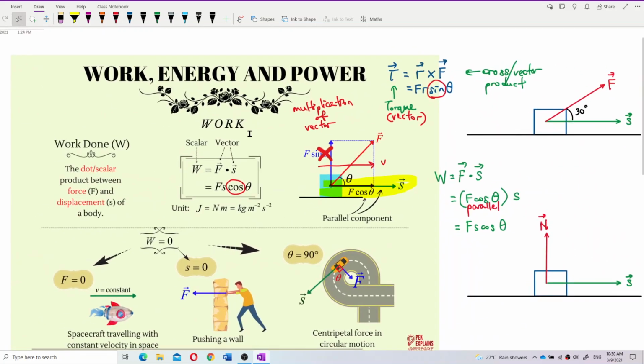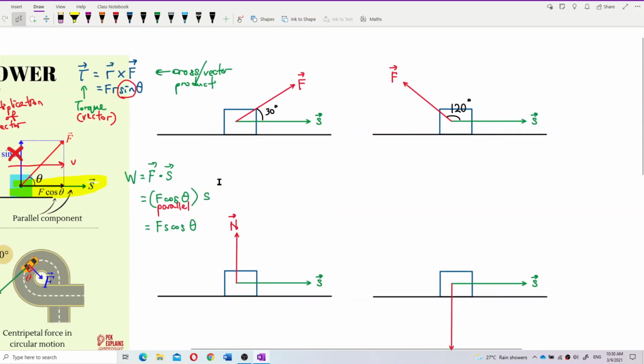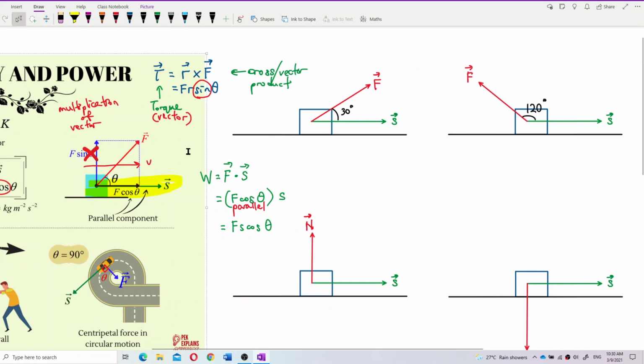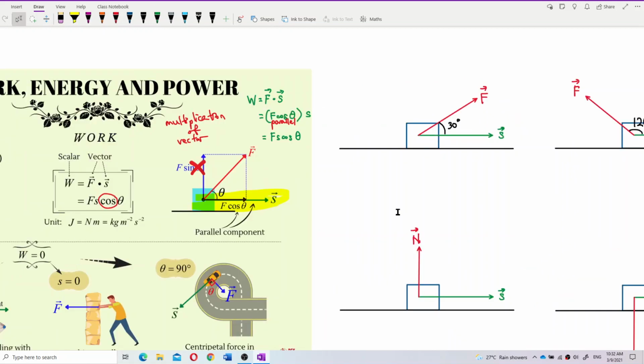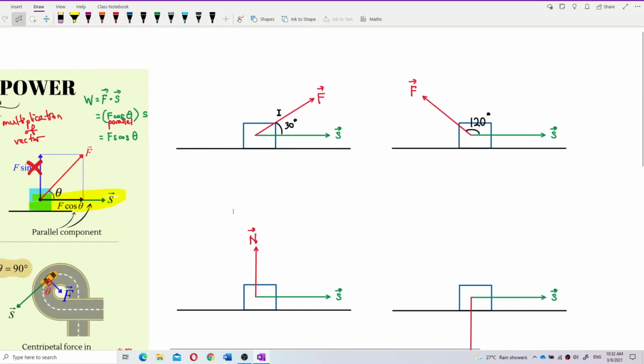Now let's look at how to apply this formula in various situations. Now here we have several situations. Let's look at this first one. We have force and displacement here.